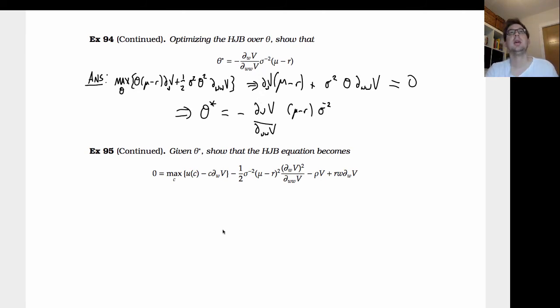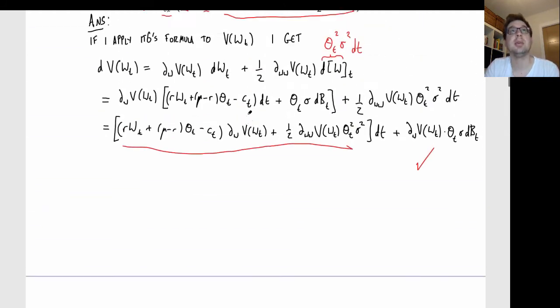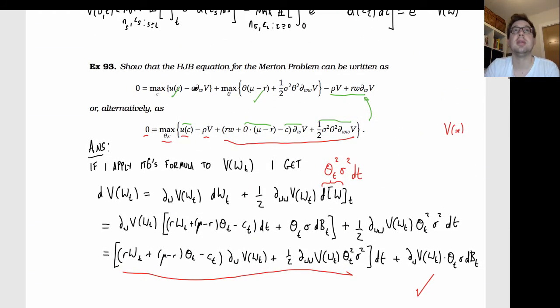So what we're going to do now is focus on a specific type of utility function, one with a nice structure, so we can find these partial derivatives in order to find the optimal wealth, and also the optimal consumption. For the optimal consumption, we also need these partial derivatives to do this maximization here.